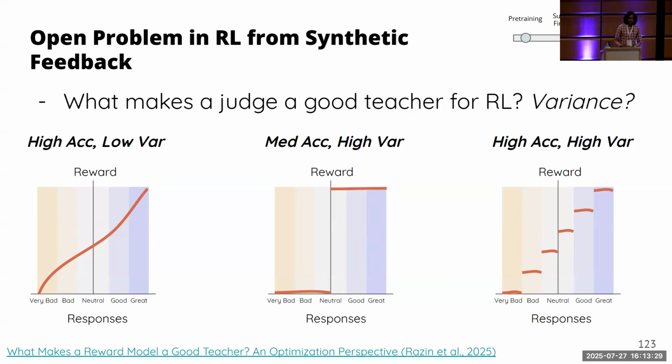We want to make sure that the reward model, if it's accurate, always assigns a great response higher than good and a good response higher than bad. So a perfectly accurate reward model with low variance is the one on the left, where it will always rate a great response better than good. But the problem is that it rates all great responses the same.